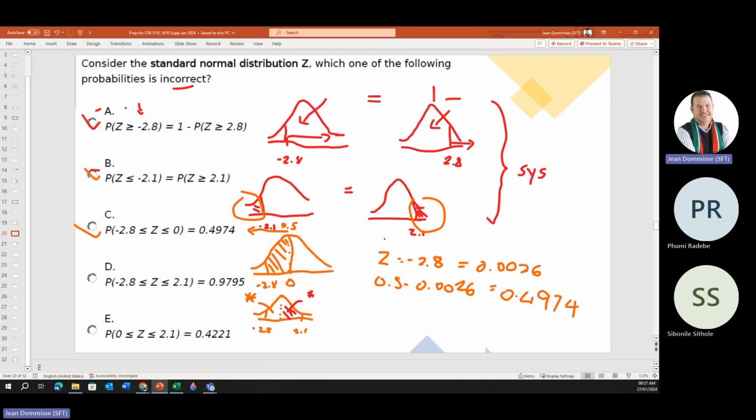One can use the negative 2.1 in the same instance as this and get to it, or one can go to your positive table. You look at what 2.1 is, and 2.1 will then give you 0.9821. But remember, that is that whole area.